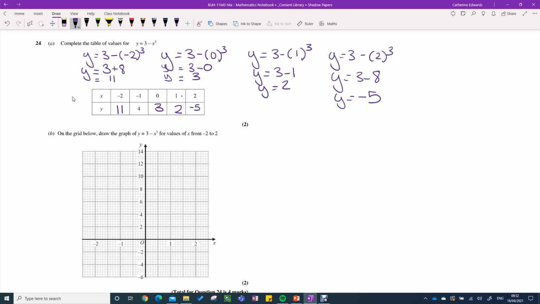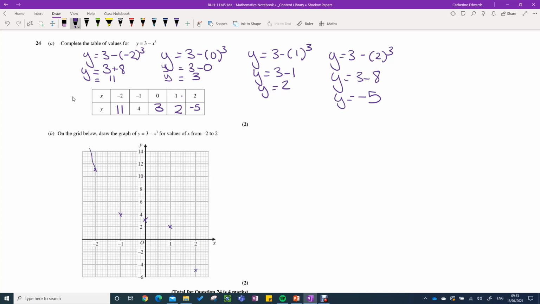Now, even if you fill these in incorrectly, you can get marks if you plot what you have filled in onto the graph. So I've got minus 2, 11, minus 1, 4, 0, 3, 1, 2, and 2, minus 5.